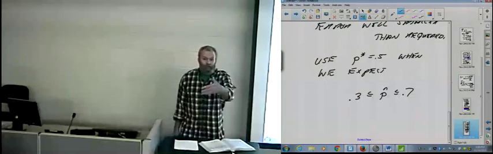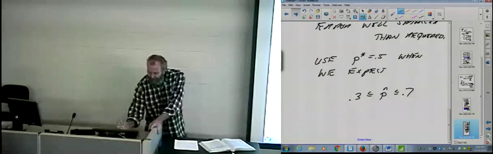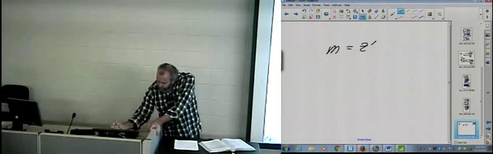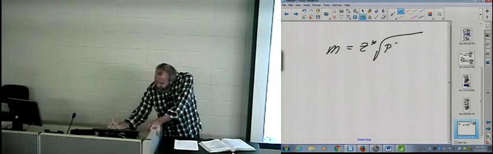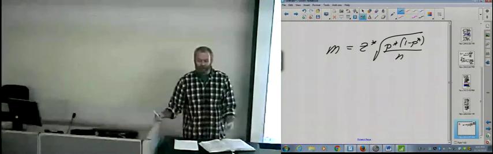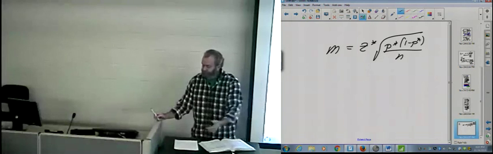If it tells you to use this pilot survey or this sample survey for your little guess, you use it. Now, the formula that we are looking at here for the sample size is this: this is my margin of error, and I'm going to stick that little P star in there, where we're going to use 0.5 or some pilot or previous survey.